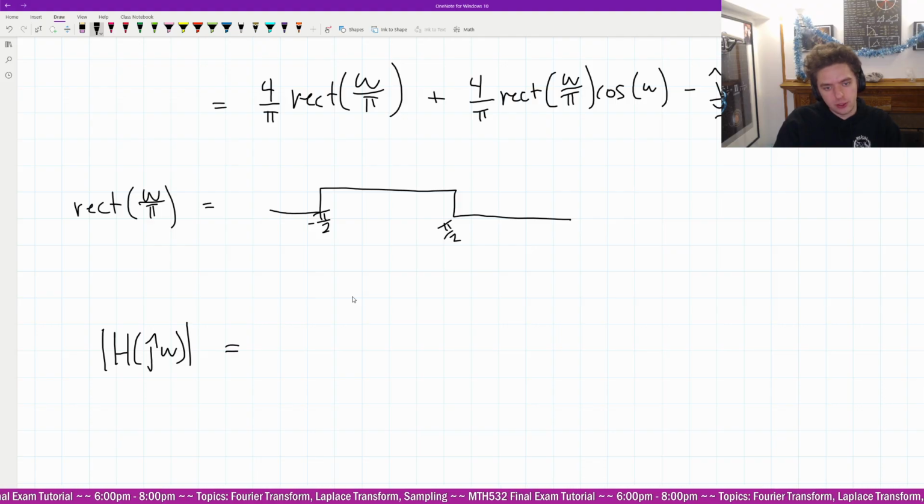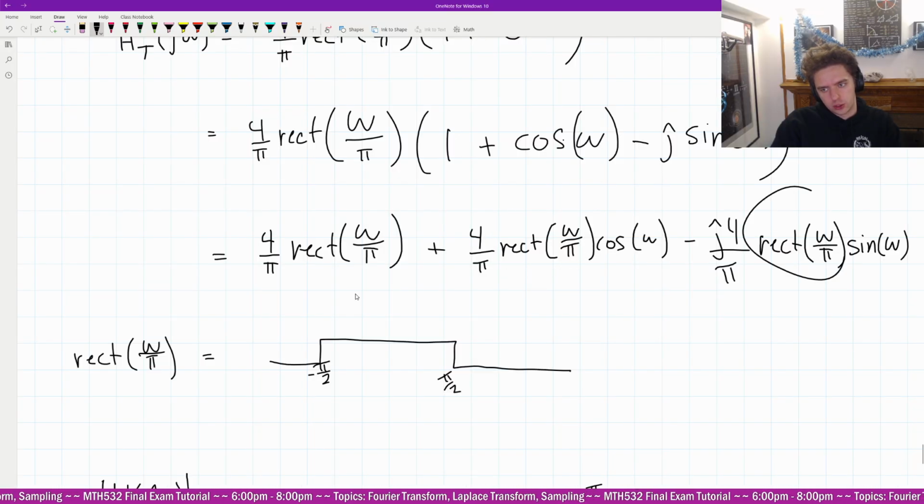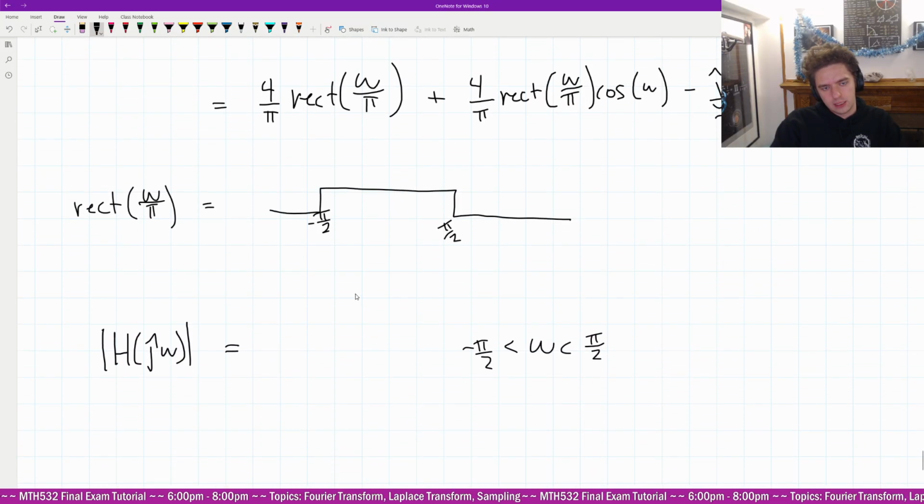So the magnitude, if omega is between -pi over 2 and pi over 2, then all of these are just ones, right? This is just a 1, this is just a 1, this is just a 1. So we'll write it like this.